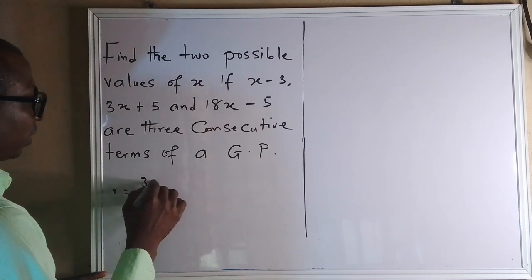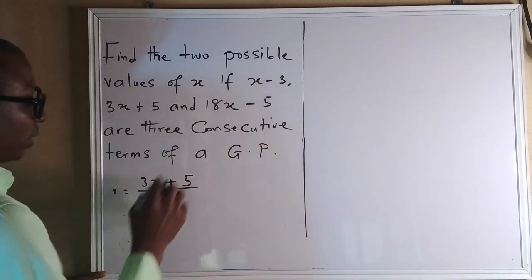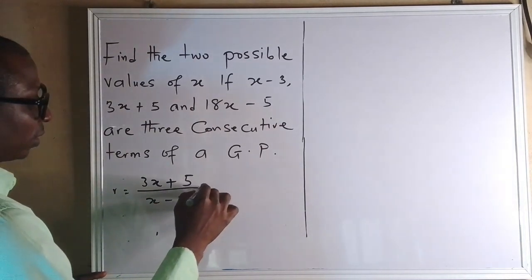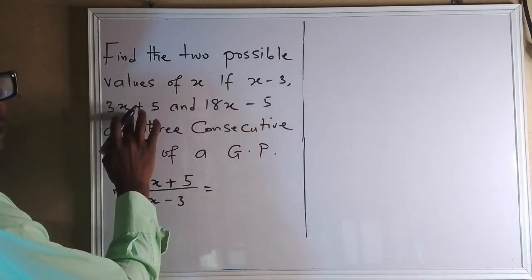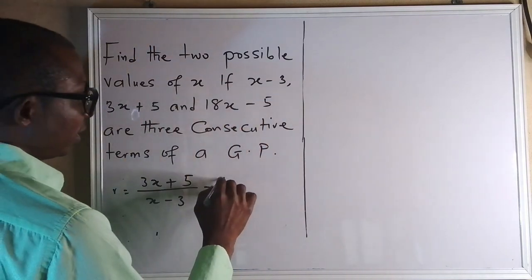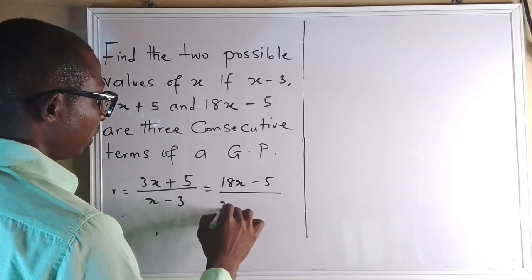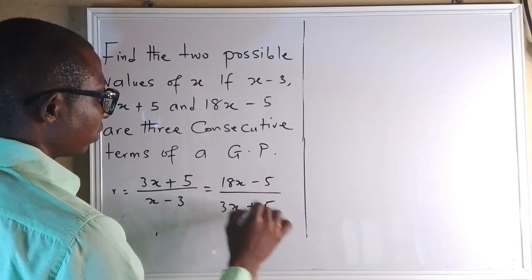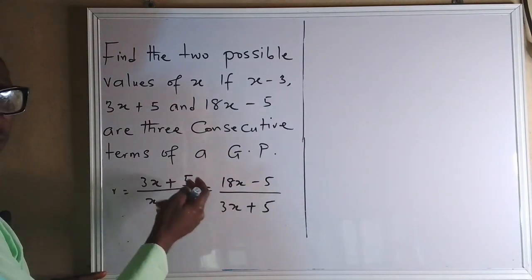That's 3x plus 5 divided by x minus 3. And that gives you the third term divided by the second term. That's 18x minus 5 over 3x plus 5. Since they are equal here, you can cross multiply.